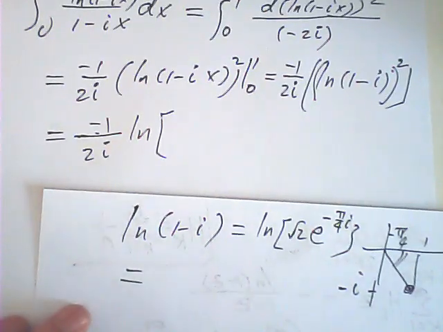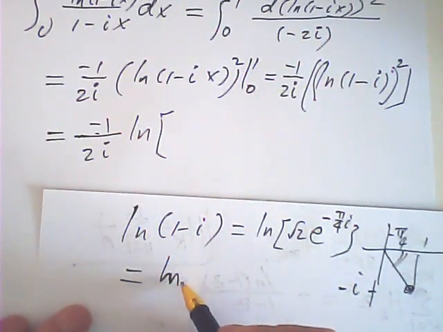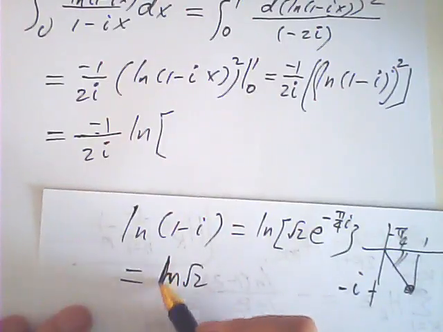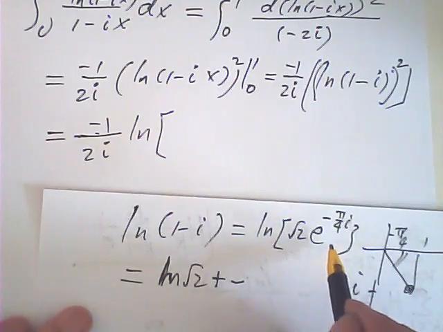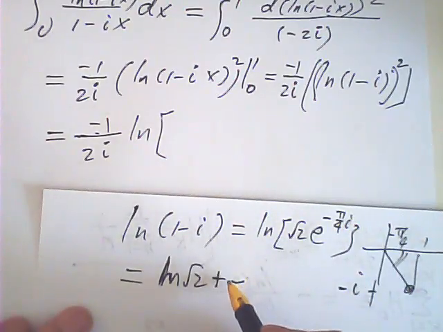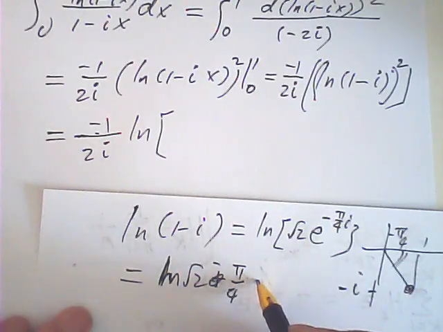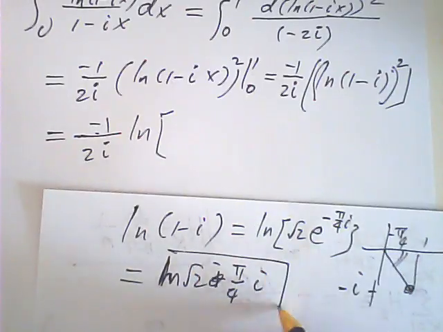So this one is equal to log root 2 plus negative quarter pi i.